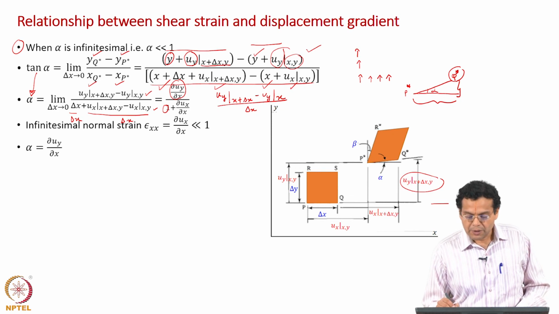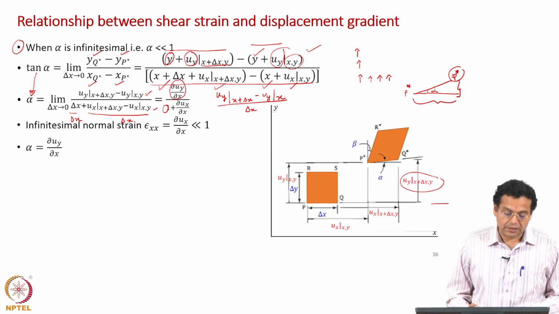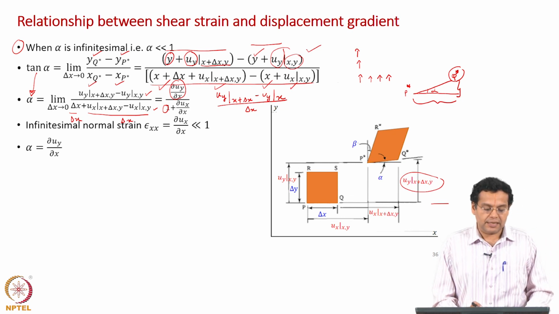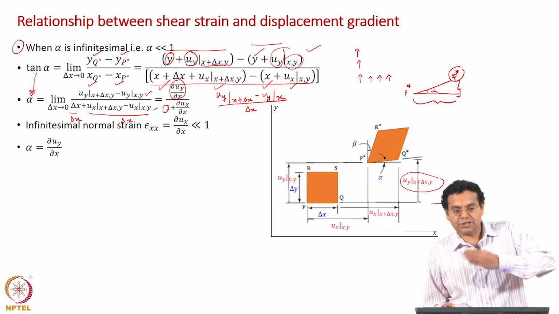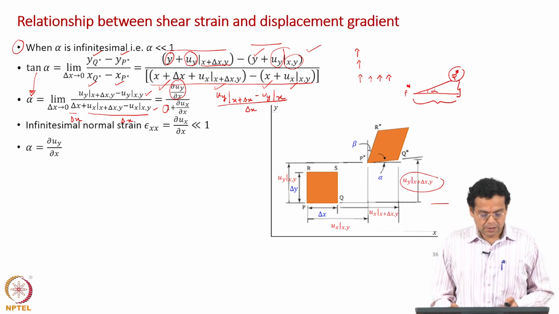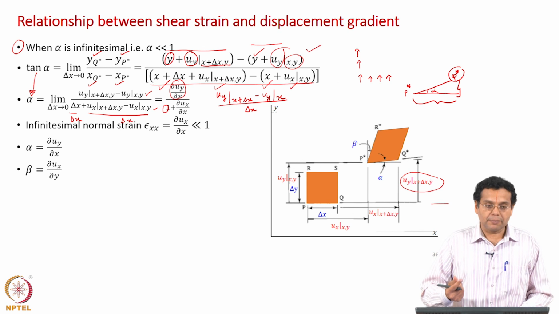So, the way in which the vertical displacement changes along the x direction, we have got a physical meaning for that, which tells you the rotation of the element p q. Now, repeat the same thing and you will get beta as dou u x by dou y.